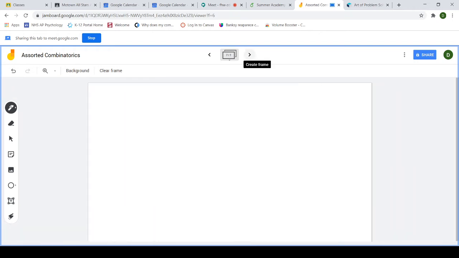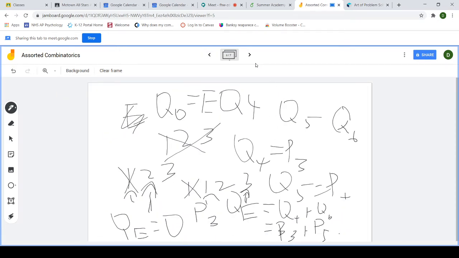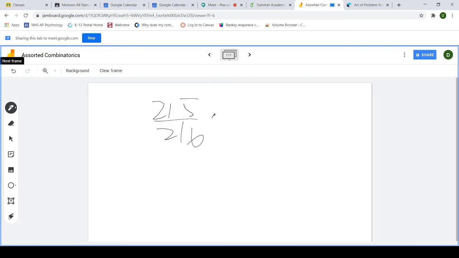But there's something else. Another way you can think about it is the probability that she rolls, say, 5 times total... well, it's just 215 over 216. In other words, the probability that she does not roll 1, 2, 3 in the first 3 dice... actually, how do I explain this?